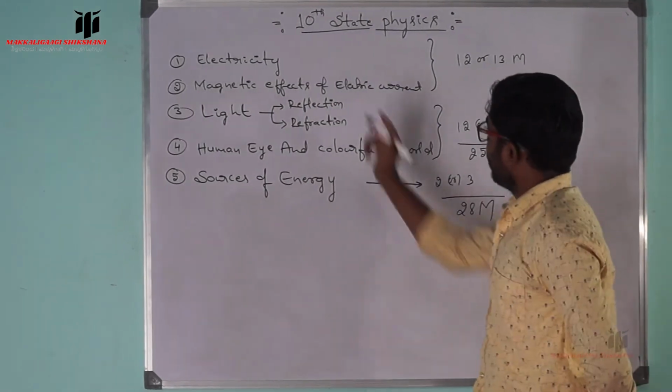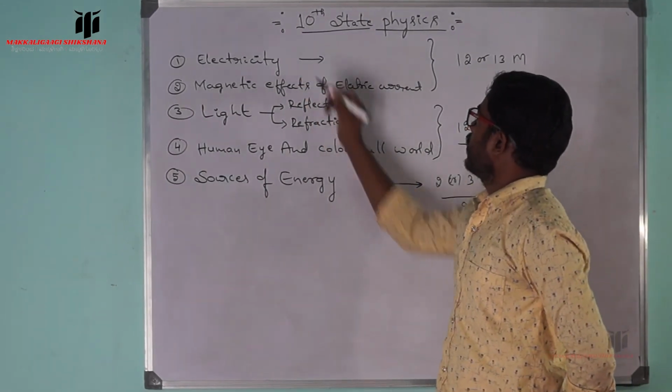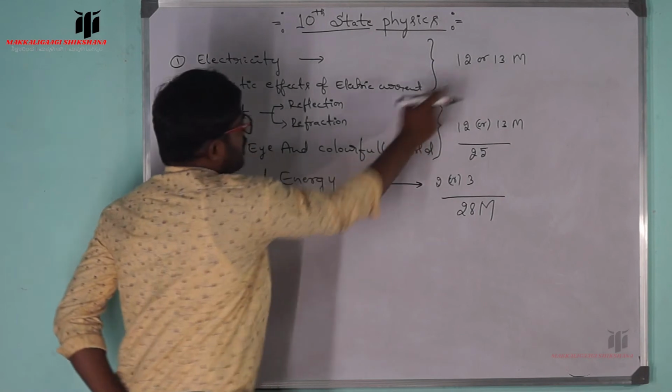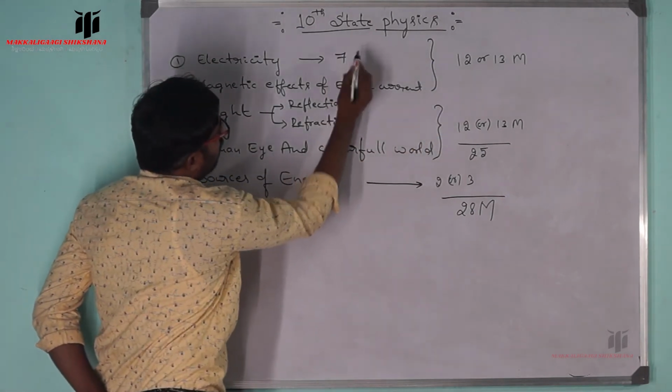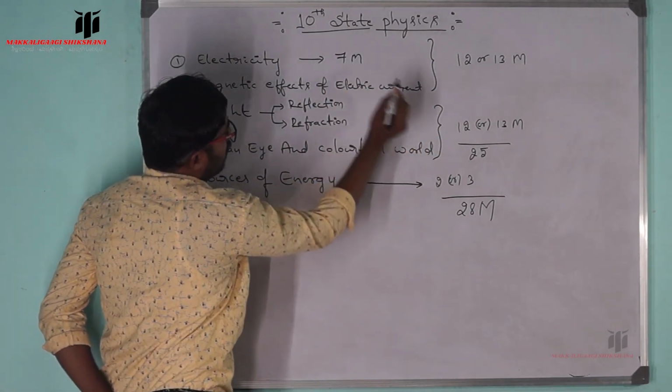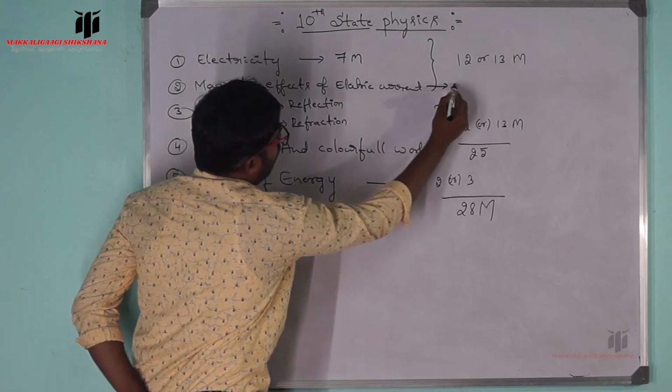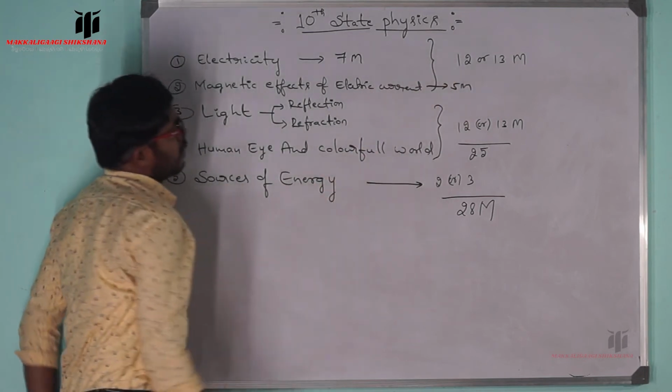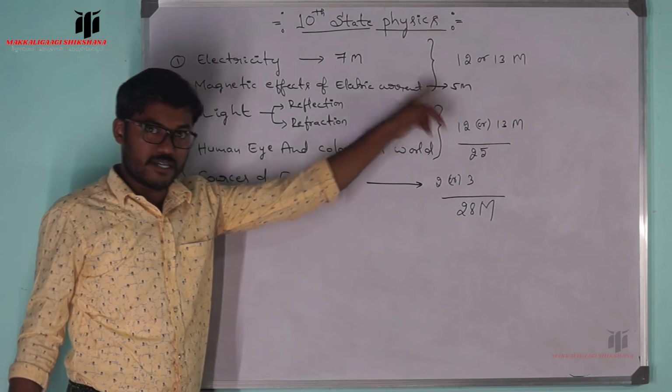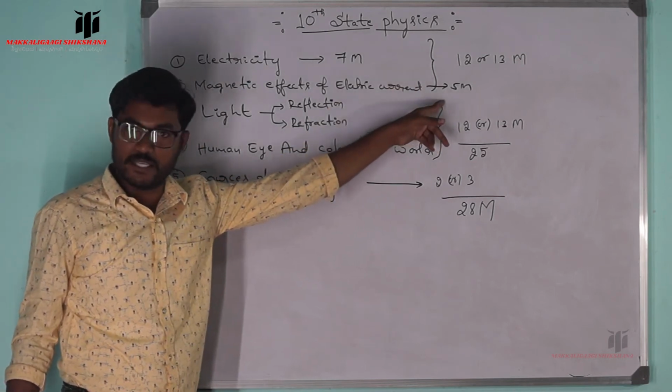Usually 12 marks means 7 plus 5: here we get 7 marks, in the other chapter we get 5 marks. Here 13 means maybe 7 plus 6 or 8 plus 5, like that they will ask.